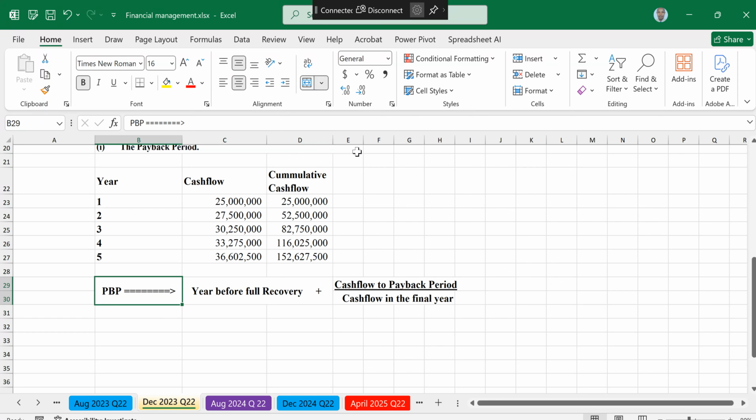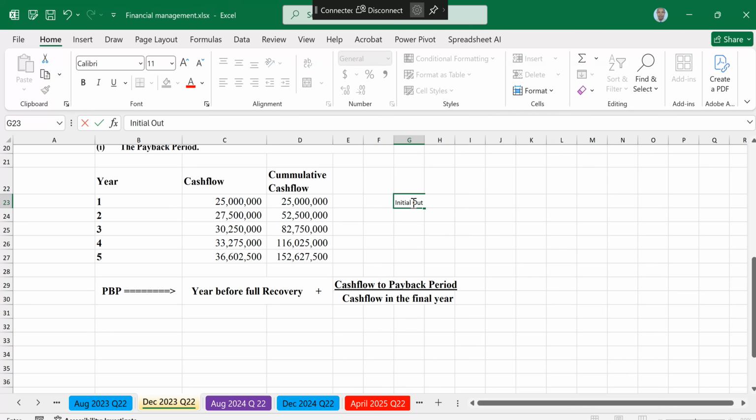So what is the cash flow to payback period? How do we get it? I can get it here. What is the year before full recovery first? Because our initial outlay is how much? I can summarize it up there. The initial outlay has been given. Let me put it here.